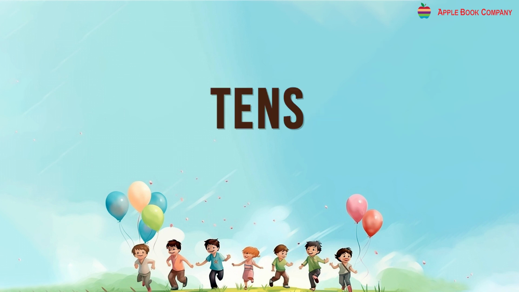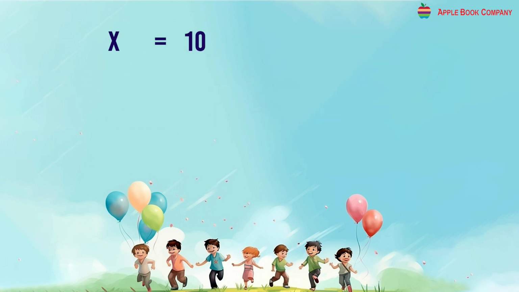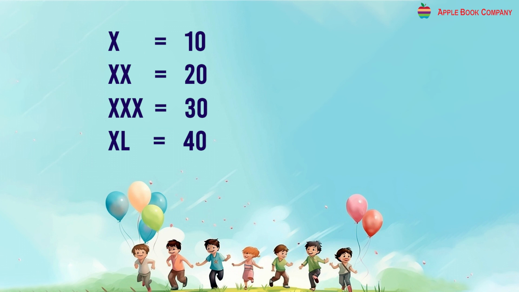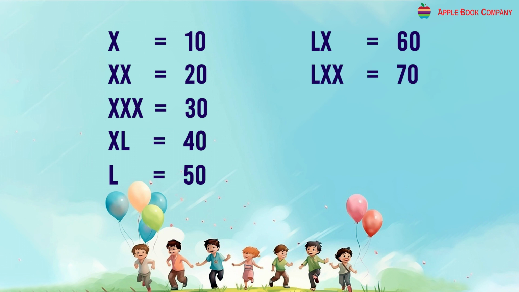Next see tens. X is 10, XX is 20, XXX is 30, XL is 40, L is 50, LX is 60, LXX is 70, LXXX is 80, XC is 90.